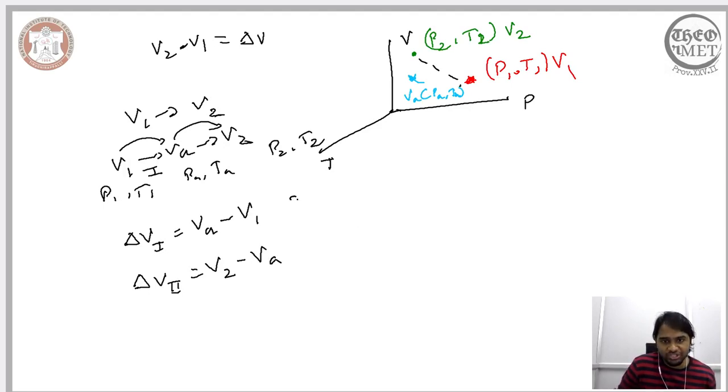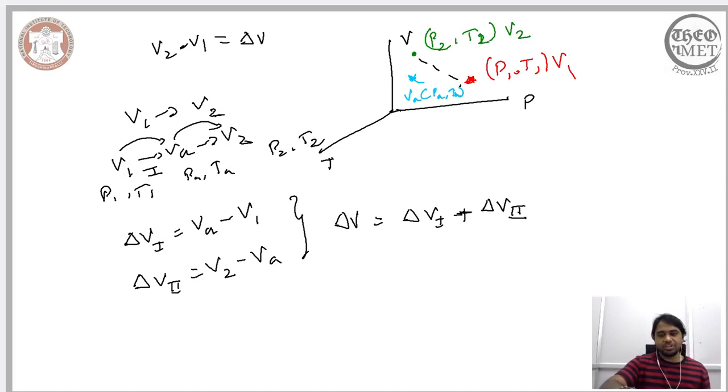Now the overall change, delta V, the overall change in the volume of the system can be referred to as the change in the volume during the first set of change, plus the change in the volume during the second set. So essentially the entire change in the volume we have broken down into smaller pieces. The first change is between V1 and VA, the second change is between VA and V2, and we have quantified the change in the volume for each of these changes.